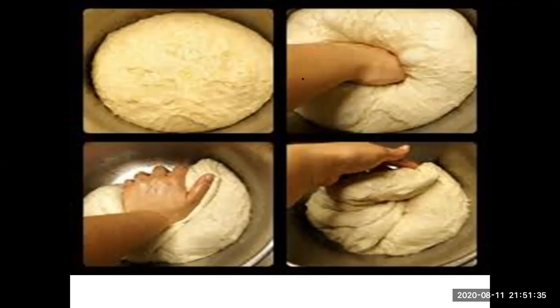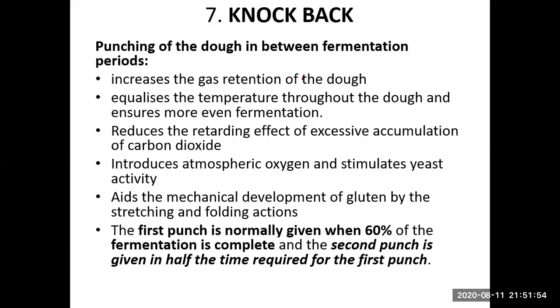Because excess carbon dioxide gas will put pressure on the cell walls of the dough. So your cell wall will be dispersed, spoiled, or ruptured. So your dough cannot be raised, or during baking it cannot be aerated properly. So the knockback process is very much important.